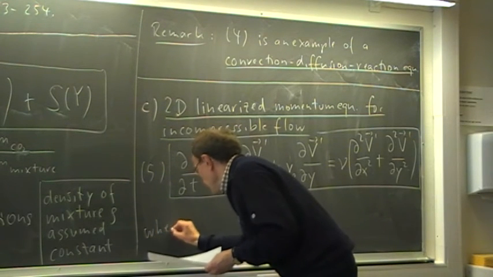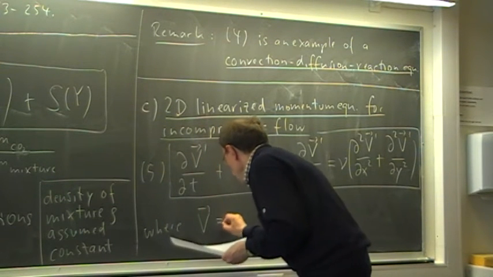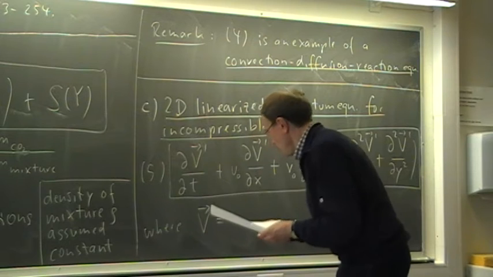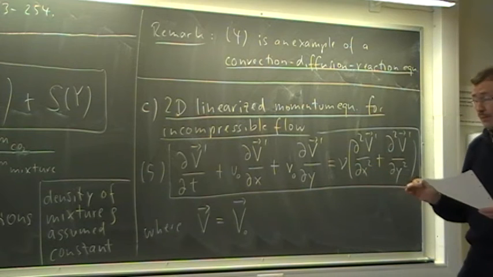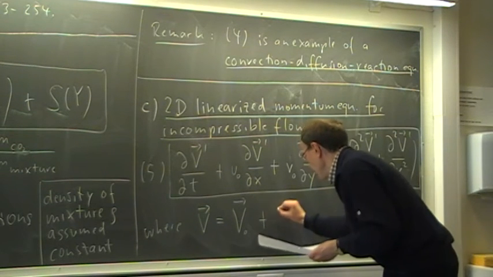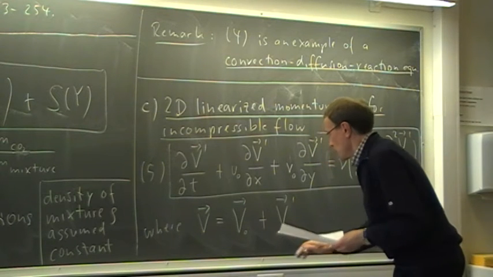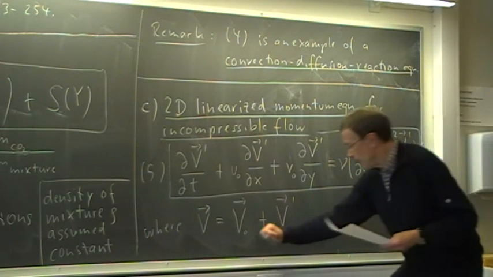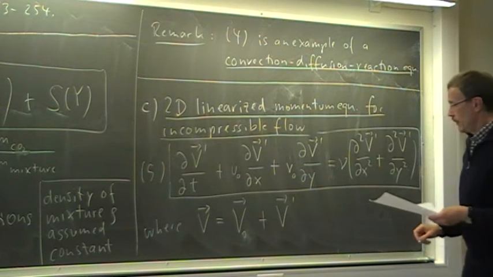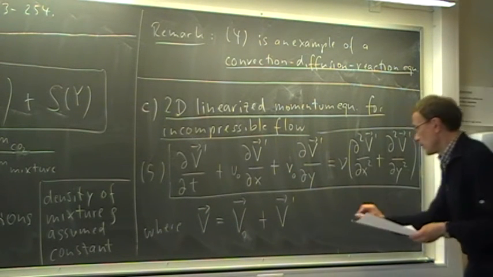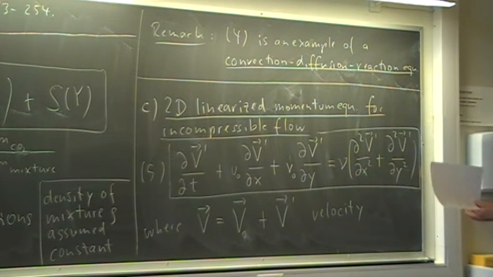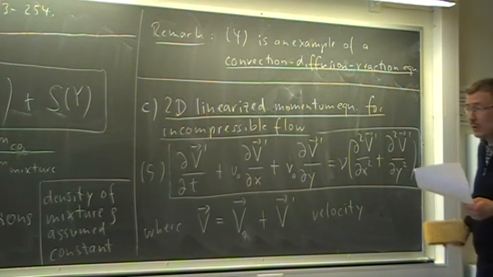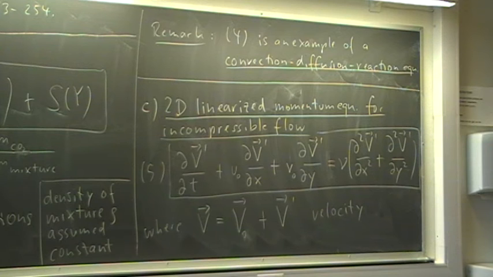The velocity vector is decomposed into a uniform component, which is constant, and a perturbation. So the uniform component is denoted by v0 and the perturbation by v prime. So that is the velocity vector. And now the v0 and the v prime are then uniform flow and perturbation respectively.